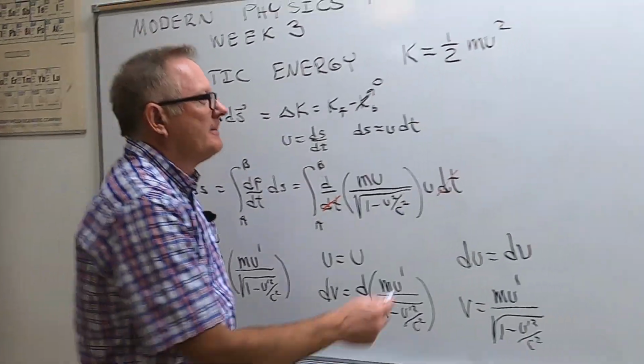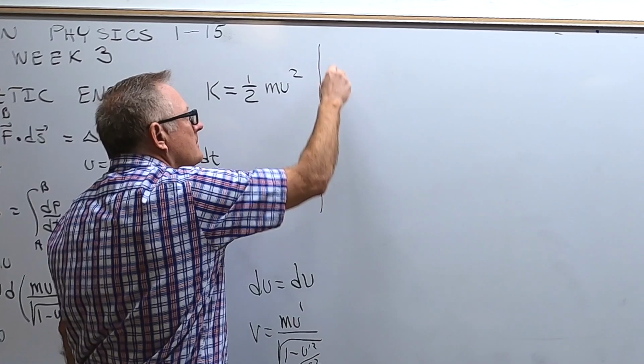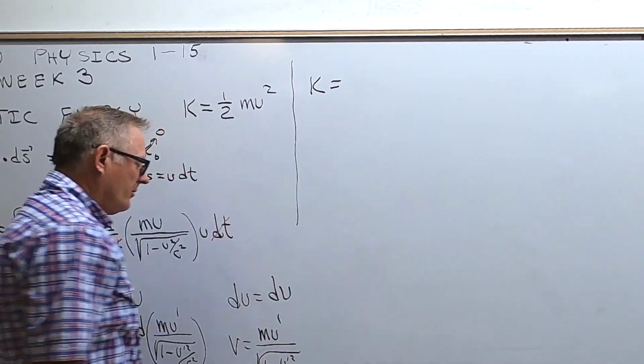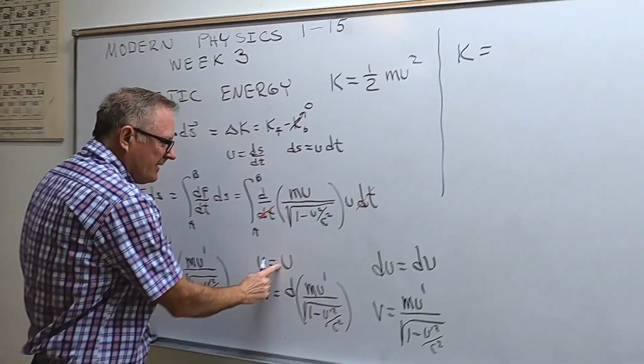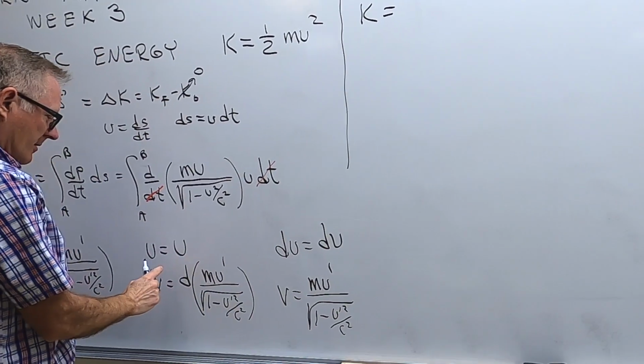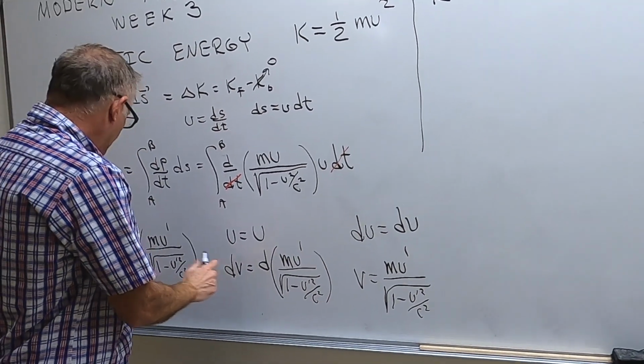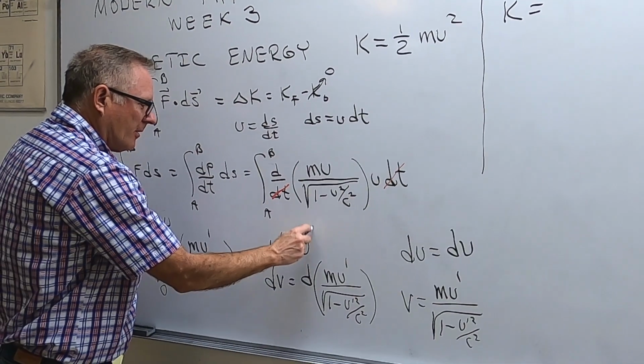So k, what do you do? You do u times v, so it's this times this. So this would have been a prime, and so this was all prime.